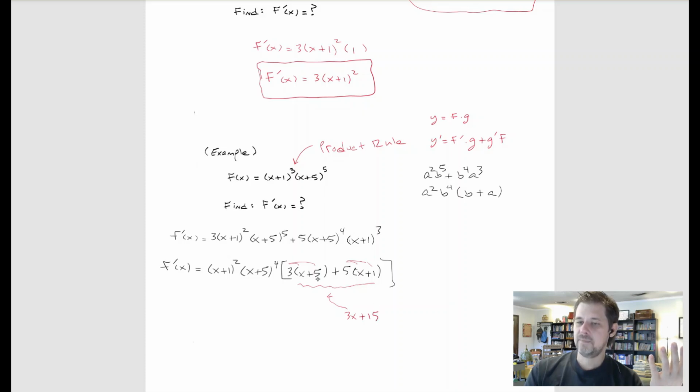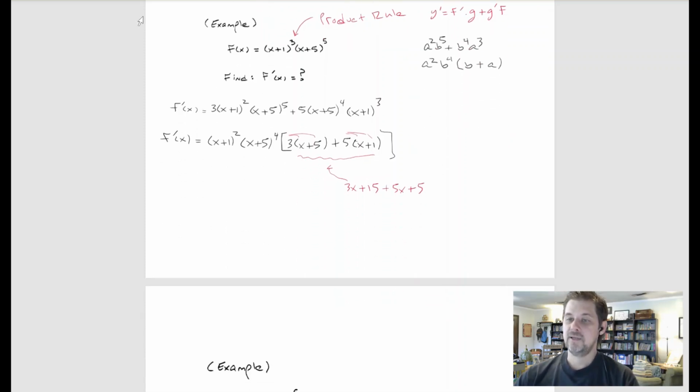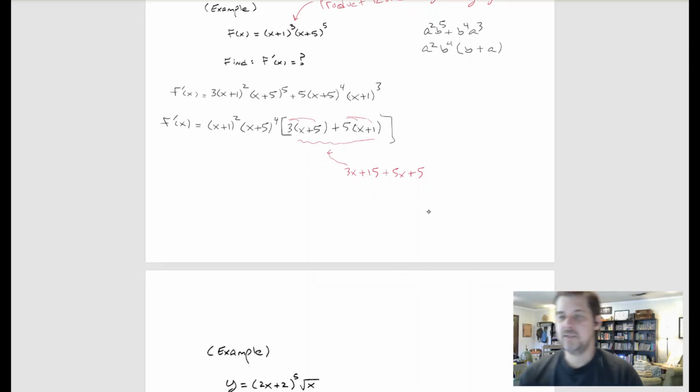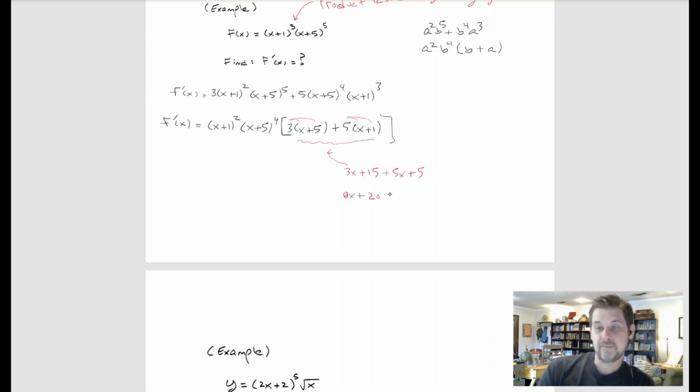And then over here you get plus 5x plus 5. We could do some combining across the board in there. We'll get 8x, 3x and 5x, plus 20.